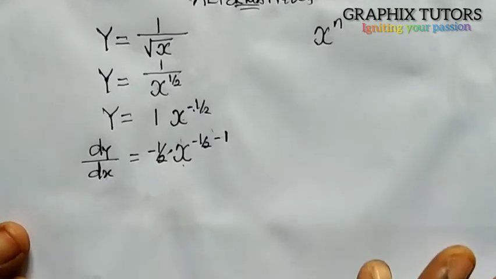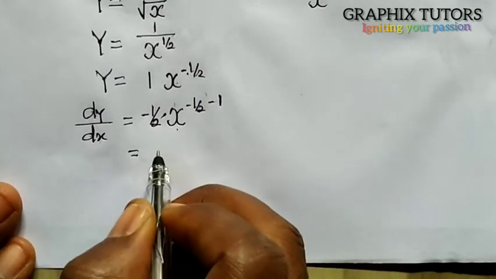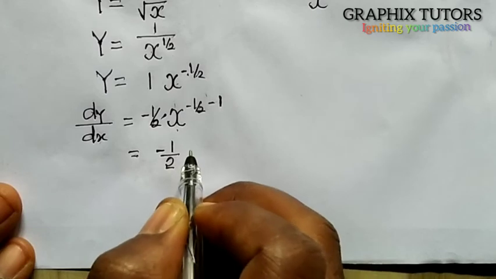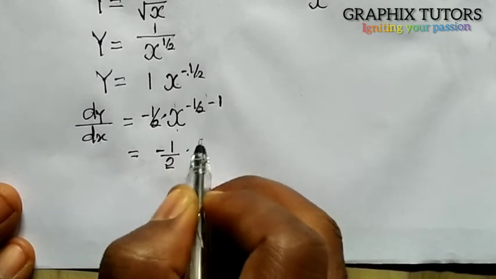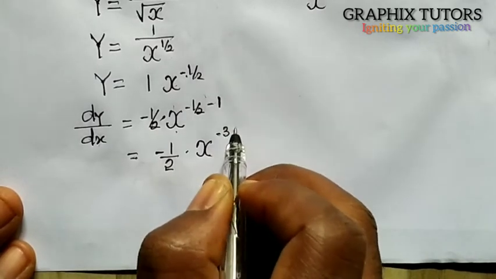So this will now give me minus 1 all over 2, right, multiplied by x to the power minus 3 all over 2.